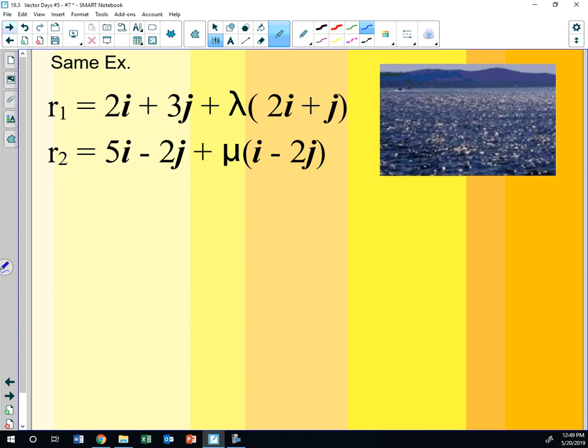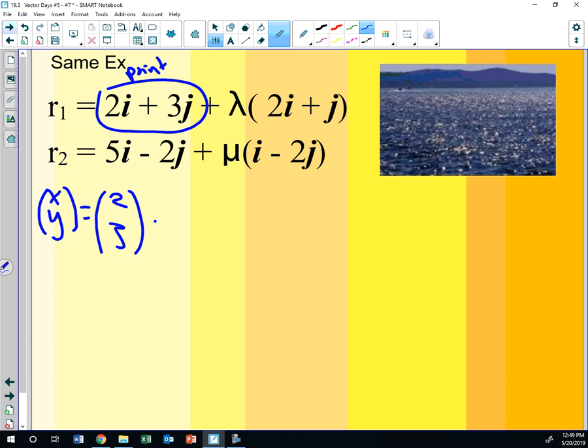So to do that, we need to convert these two into parametric forms. So let's do that with this. Whenever you see R, what do you change it to? Thank you. And then the point is here. So that's 2, 3. And then the direction vector is going to be 2, 1. You make this second one.